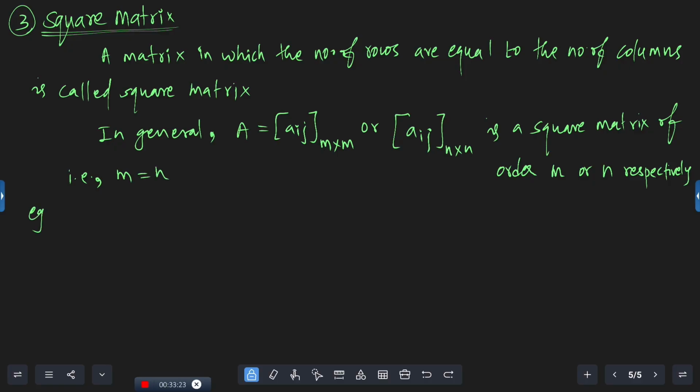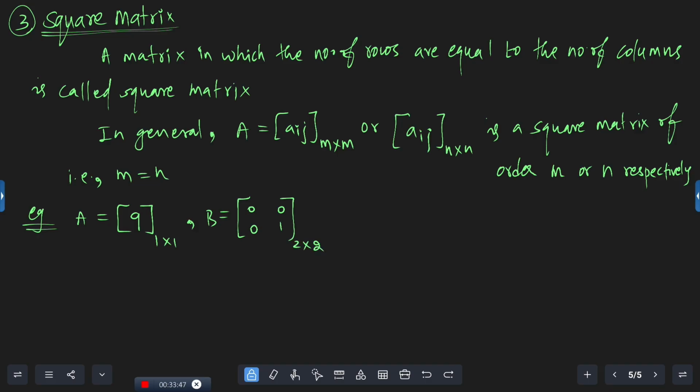Example: the number 9. How many rows and columns does it contain? One row, one column. So one row, one column means a square matrix. Now matrix B equal to [0, 0; 0, 1]. What can we say? It is 2 by 2.